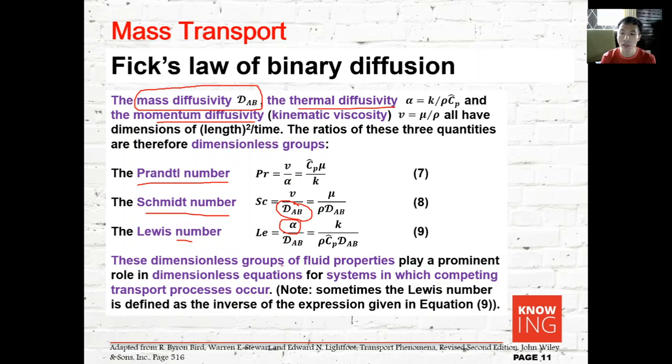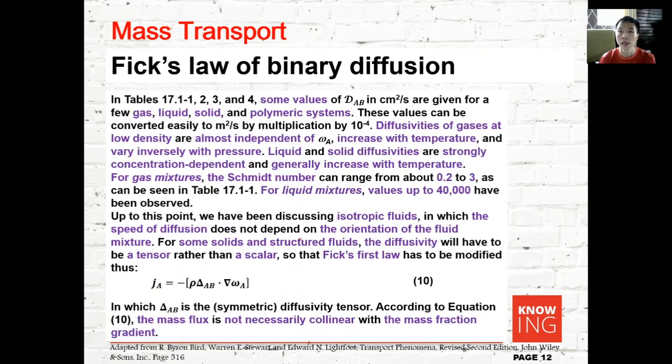This dimensionless group of properties normally plays a prominent role in the dimensionless equations for systems in which competing transport processes occur. As a note, sometimes the Lewis number in other textbooks may be defined as the inverse of the expression given in equation 9.